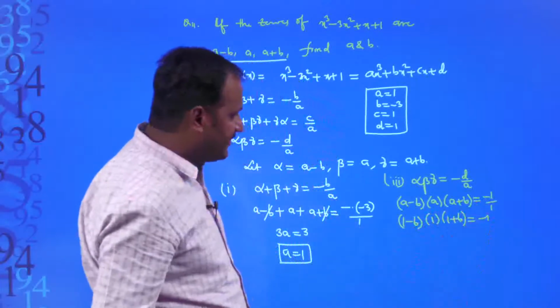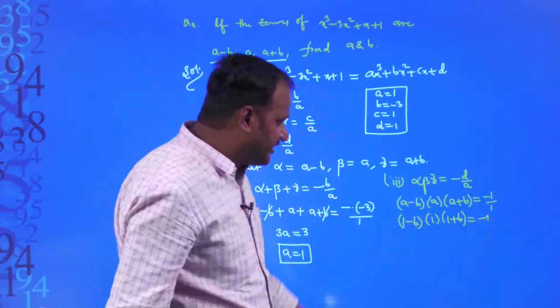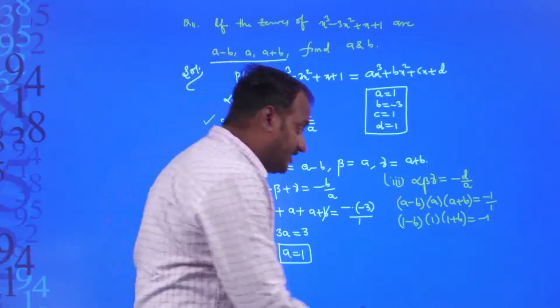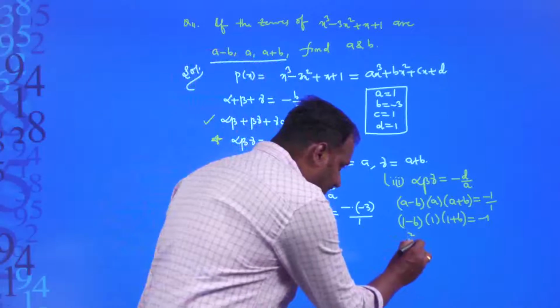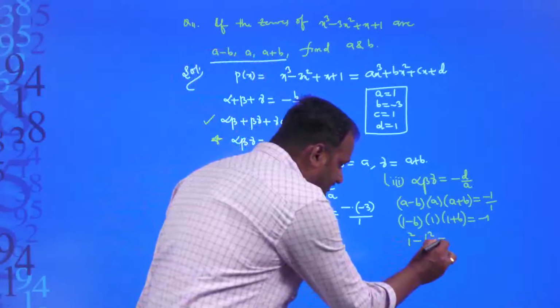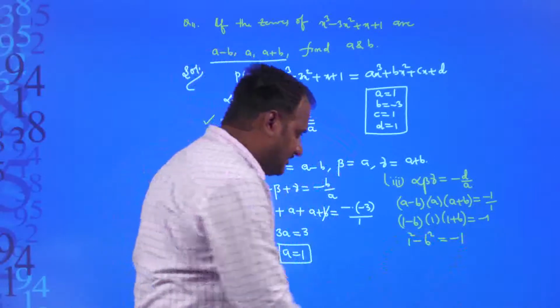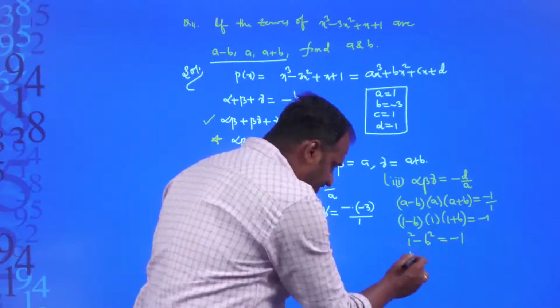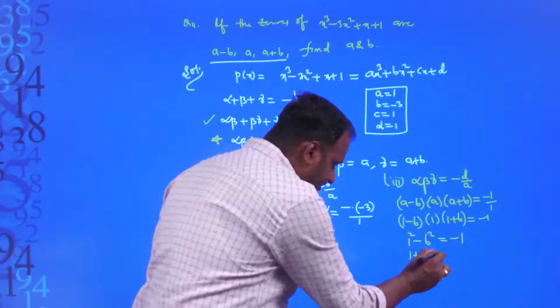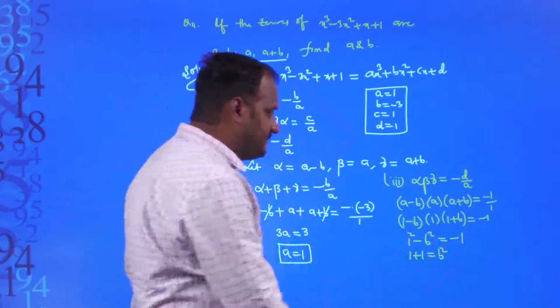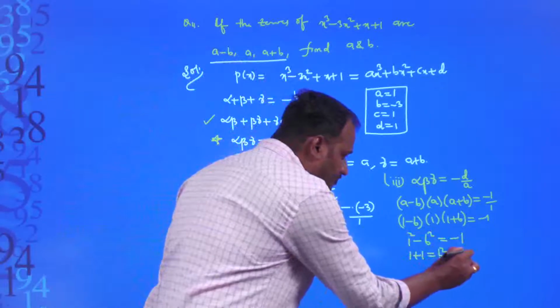See, 1 minus b into 1 equal to 1 minus b, 1 minus b into 1 plus b is equal to 1 square minus b square. So, 1 square minus b square is equal to negative 1, but the value of 1 square is equal to 1, right. So, transposing minus 1 here, 1 plus 1 is equal to b square. So, 1 plus 1 is equal to b square, it means b square is equal to 2.